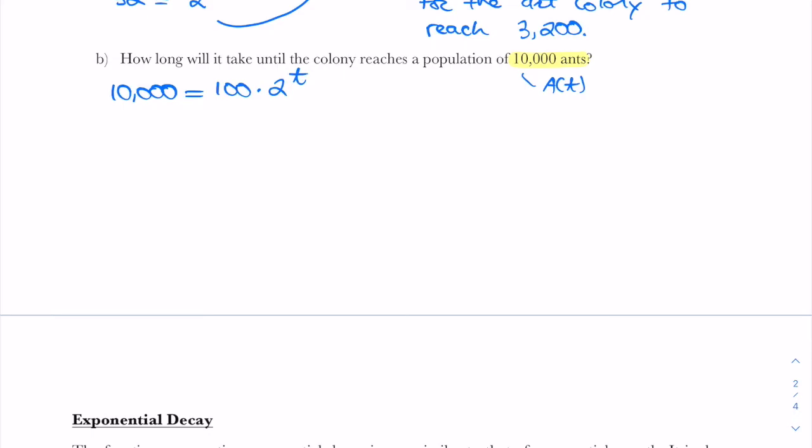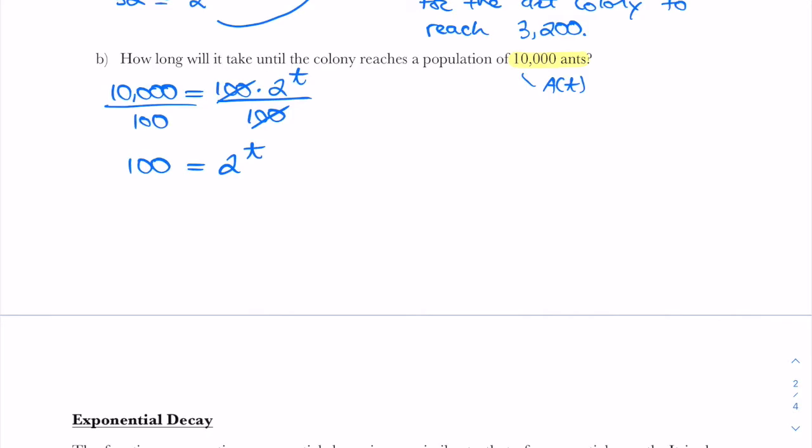All right, very similar to before. Divide both sides by 100. Ten thousand divided by 100 is 100. So now the question we're trying to ask is, 2 to what exponent equals 100?